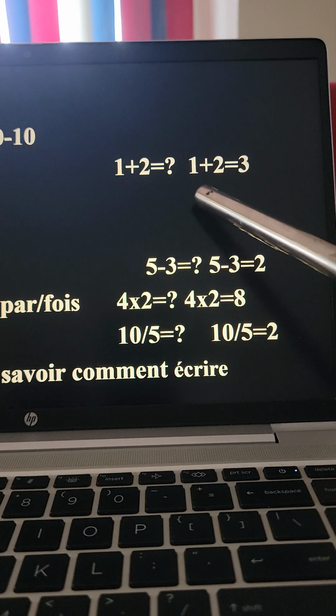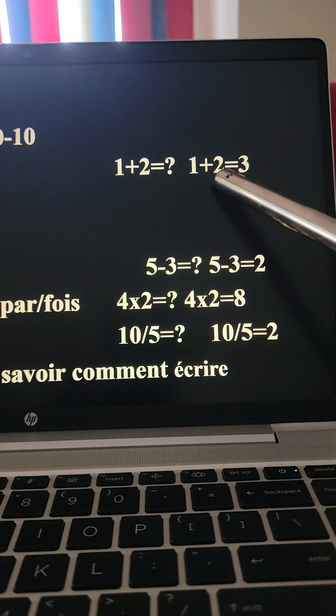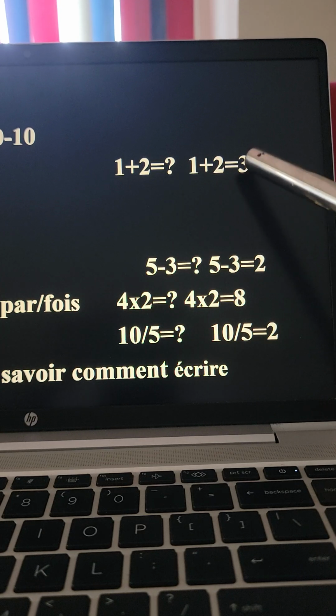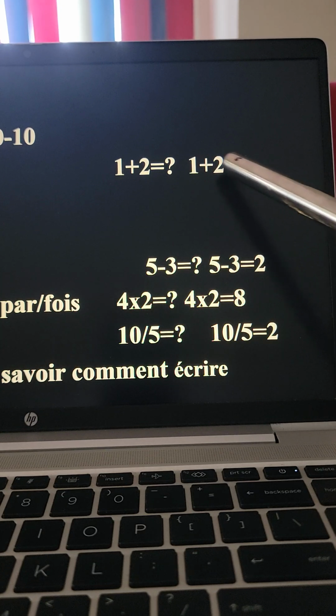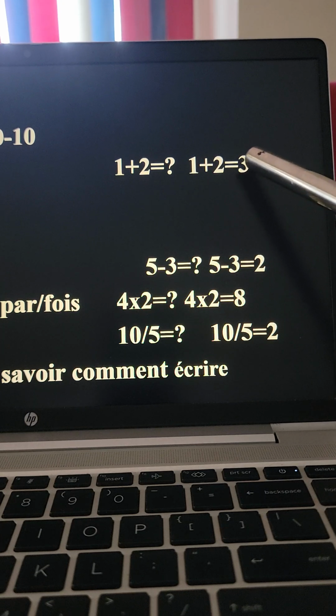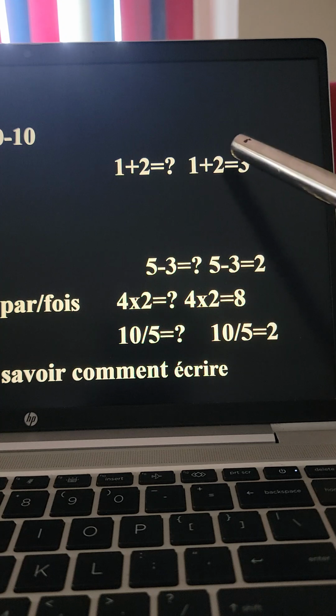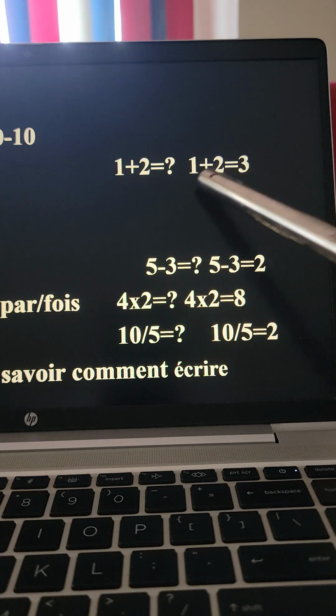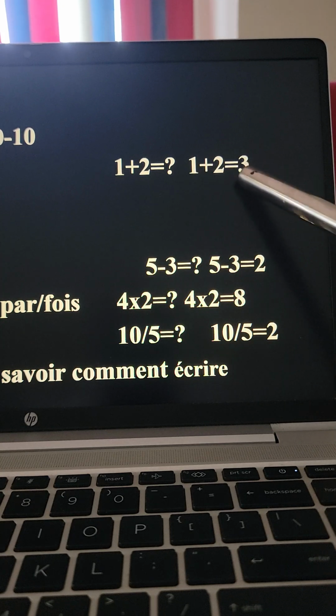So the person will say 1 plus 2 égale 3. Then you need to appreciate that person. Say, très bien. If I say 1 plus 2 égale 4, I say, comme ci, comme ça. If you say comme ci, comme ça, there's a problem. Try, repeat and see where the mistake is. So 1 plus 2 égale 3.